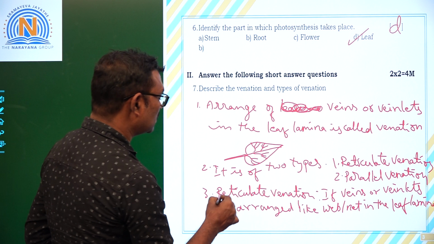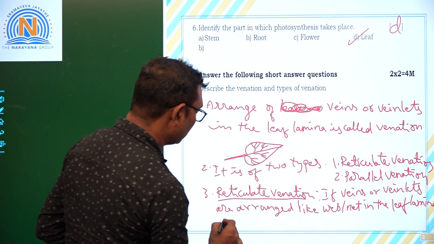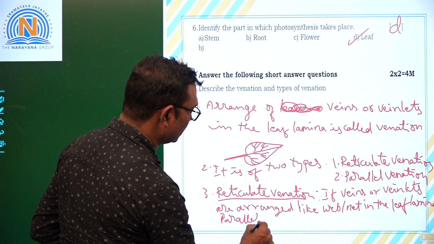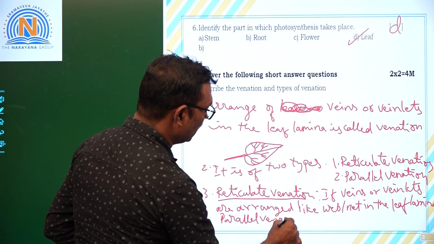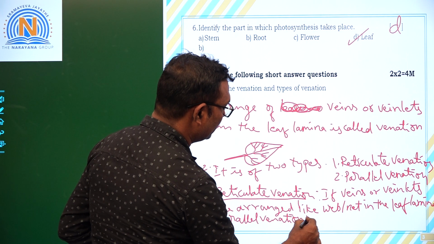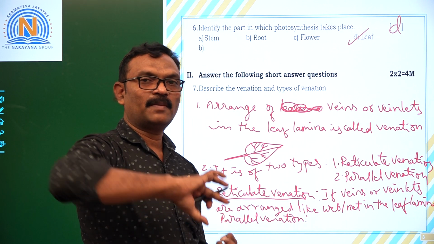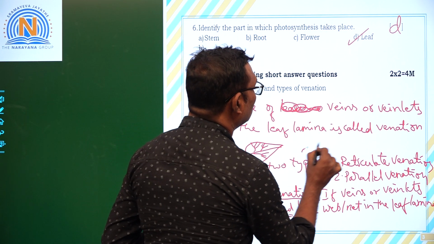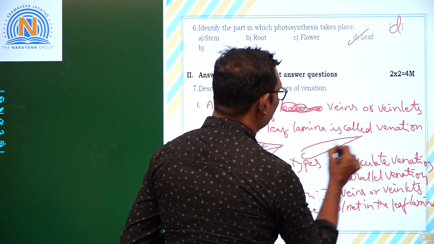Yes. And what is parallel venation? Here now we are going to observe parallel venation. Parallel venation means the veinlets are arranged parallel to one another in the entire leaf. Here I am showing parallel venation. See here.